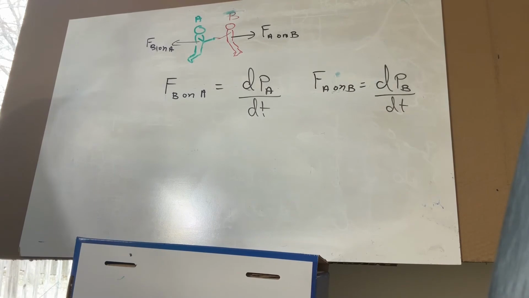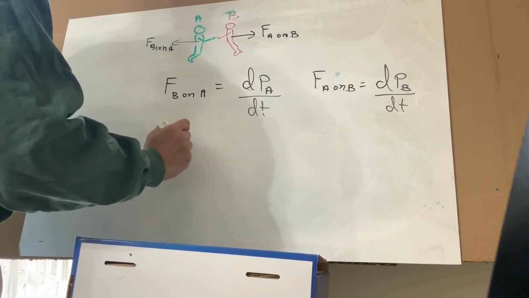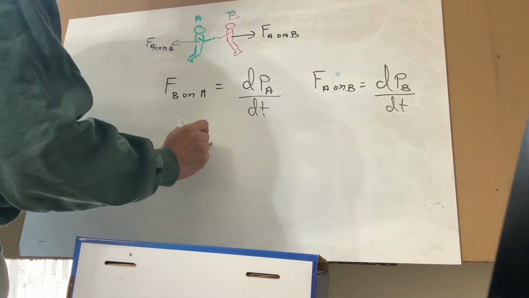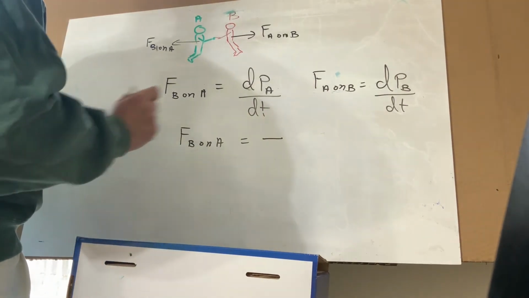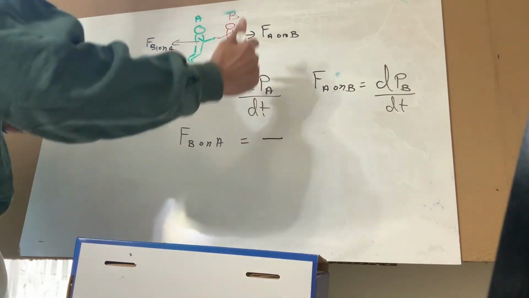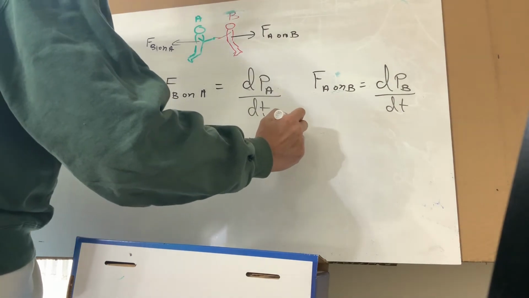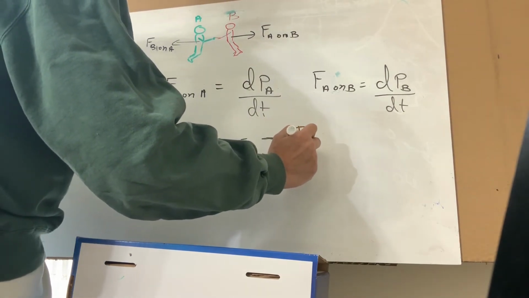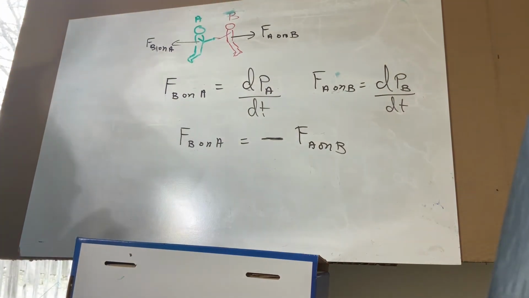And I know that F B on A is equal and opposite, because these two are in the opposite direction. To point it in the same direction, I'll have to put a minus sign, is equal to F A on B.